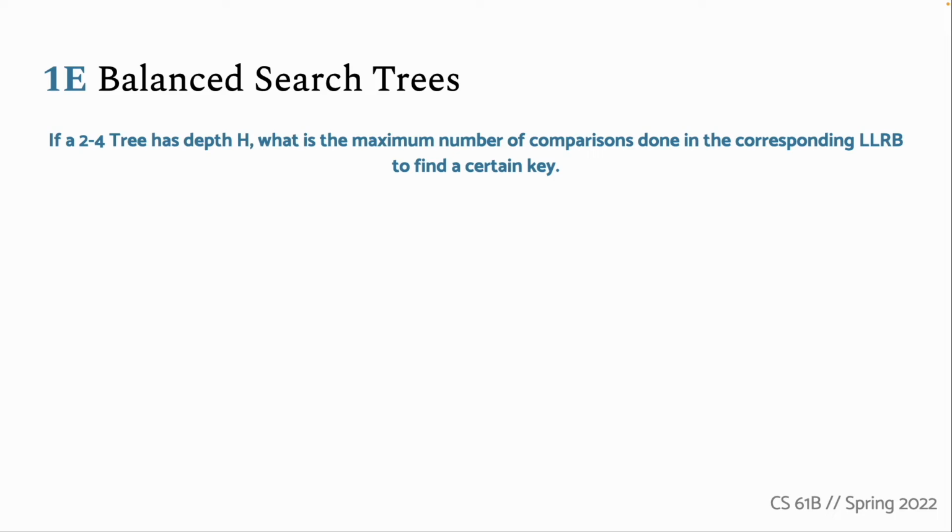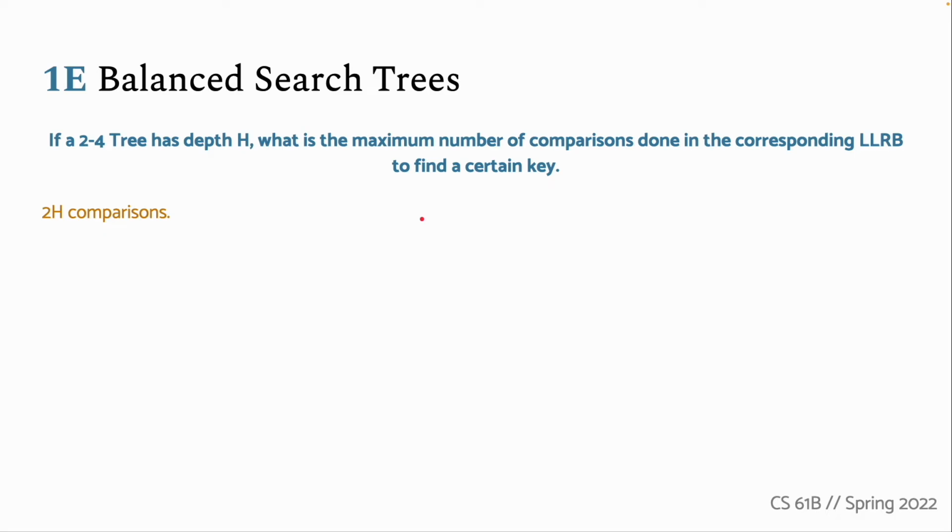Okay, in this case, the maximum number of comparisons is going to be 2h comparisons. The maximum number is going to happen if you're going down that leftmost track, and every single node on the 2-4 tree has the full number of values.